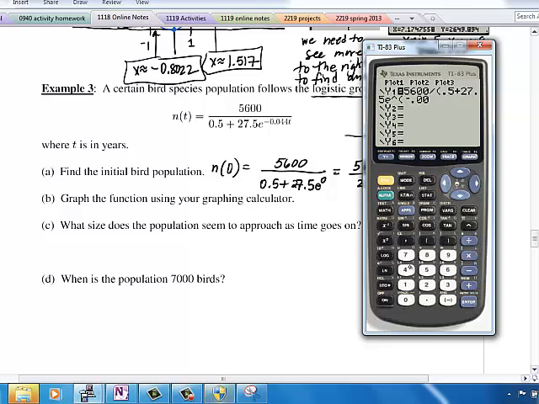And we want that all in parentheses. So one set of parentheses around the whole denominator, and then another just around that exponent.